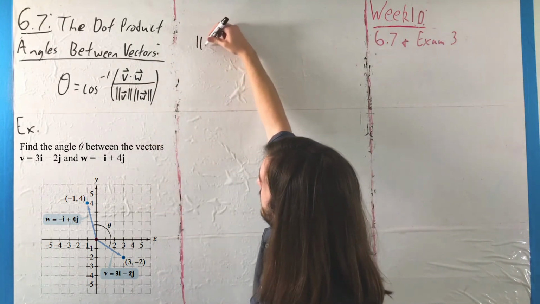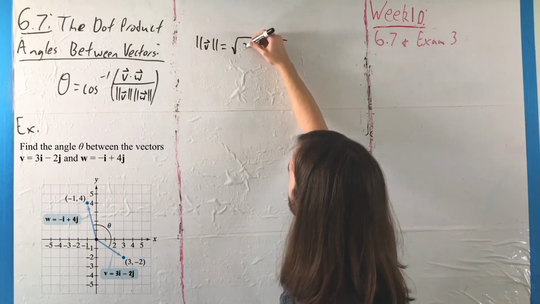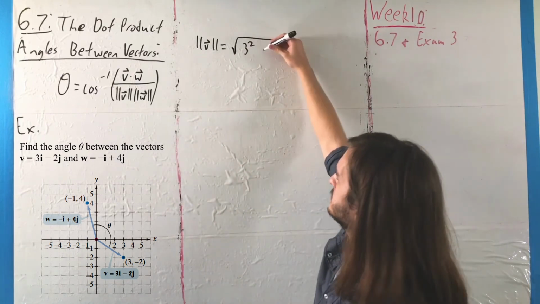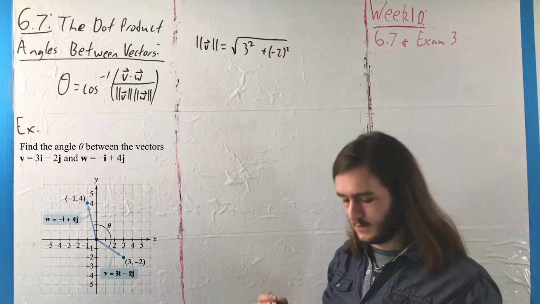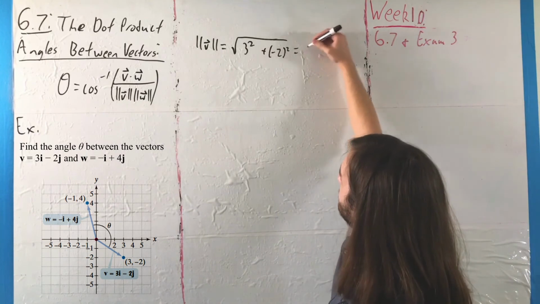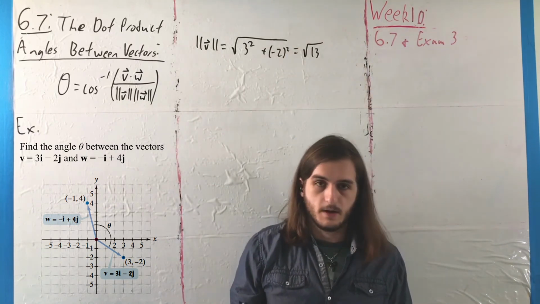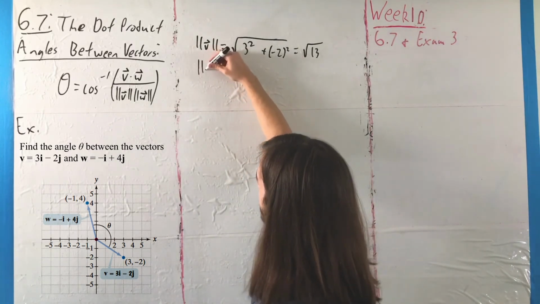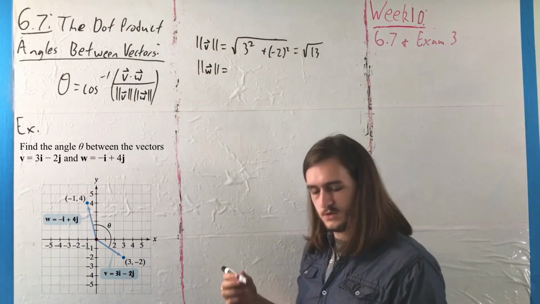For the magnitude of v, it's something we've done before, it's pretty straightforward. We have 3 squared for the horizontal component, plus a negative 2 squared for the vertical. You take that, you get 9 plus 4, or the square root of 13, which is the absolute best you can write for that because 13 is a prime number anyway. Meanwhile, for w, if you want to get that magnitude, it's really the same idea, just different numbers.